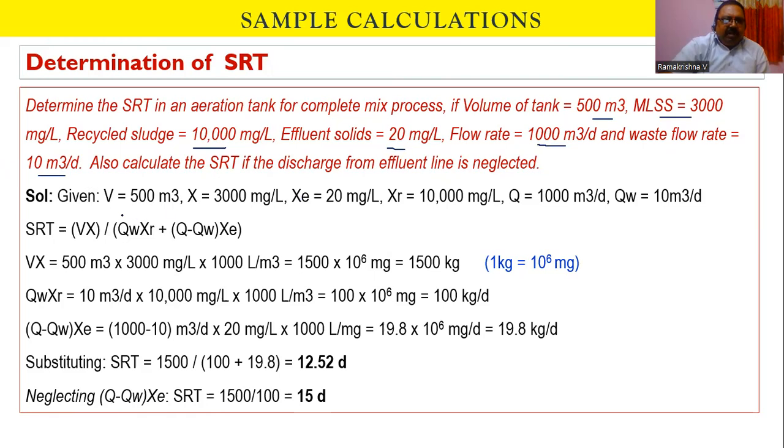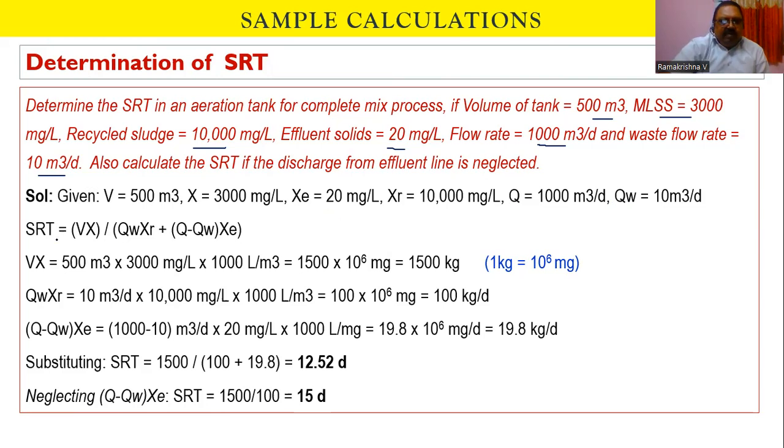So first of all, we write all the values here. V is equal to 500 meter cube, X is equal to MLSS, effluent solids Xe and recycled sludge XR, influent flow rate 1000, waste flow rate 10 meter cube per day.